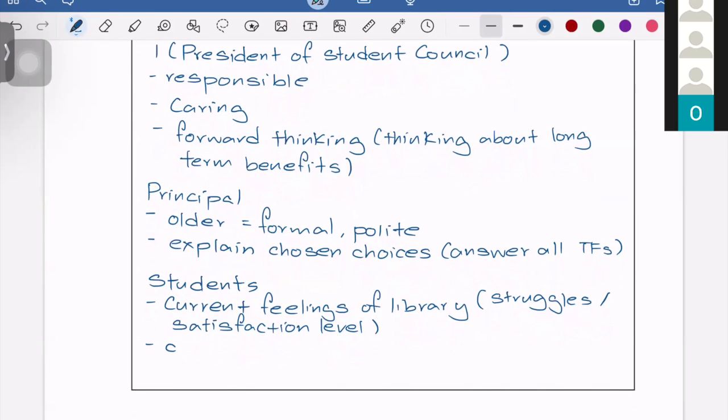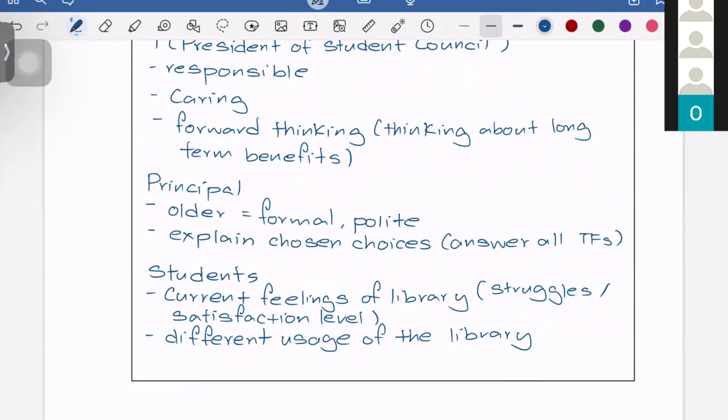Next, think about the different usage of the library as well, other than just going there to get books. What can be further added, or what other ways do students use the library for? And then lastly, this is your task fulfillment 3. How do you encourage the habit of reading?